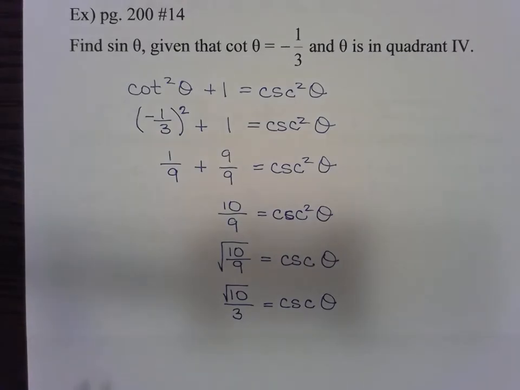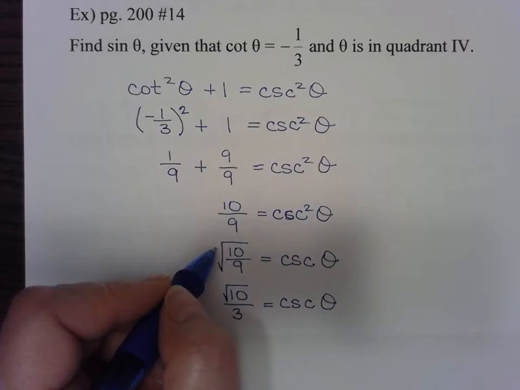Okay, now I kind of skipped over something, and I'm going to go back and add it in, and then we're going to talk about it in just a minute.